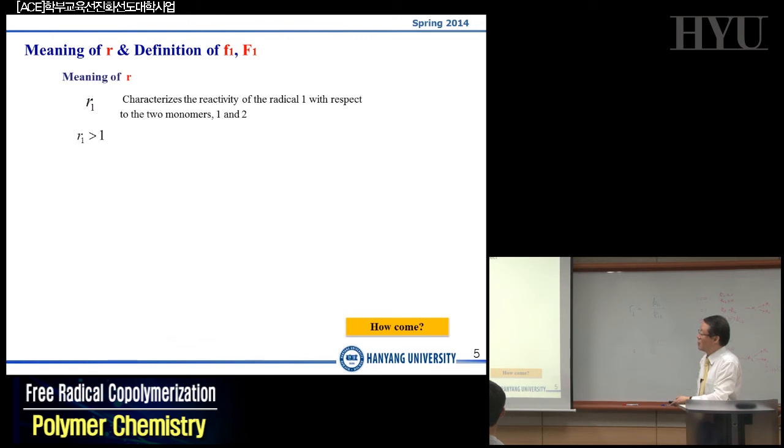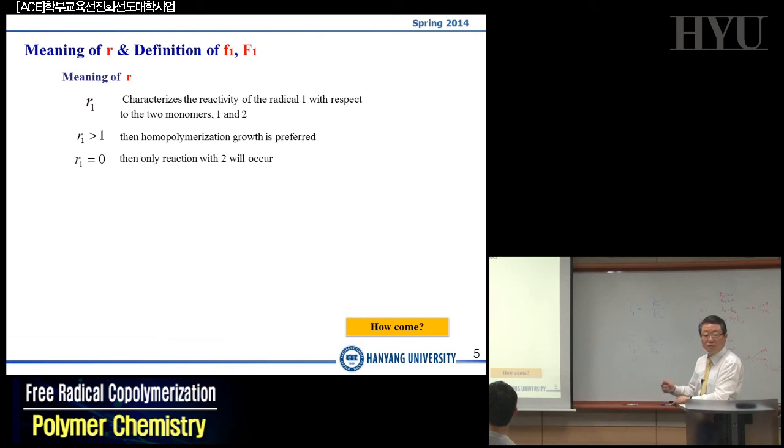If small r1 is greater than 1, it means k11 is greater than k12, so you have a great chance to form 1-1-1-1 rather than 1-2. If r1 is equal to 0, then k11 is equal to 0 or k12 is infinite. So whenever you have the first radical M1, the next monomer will be the second one.